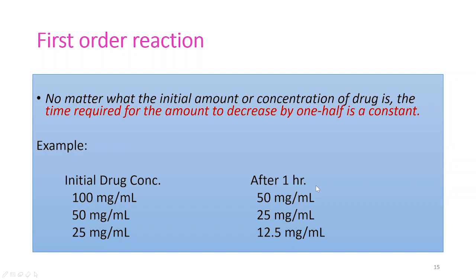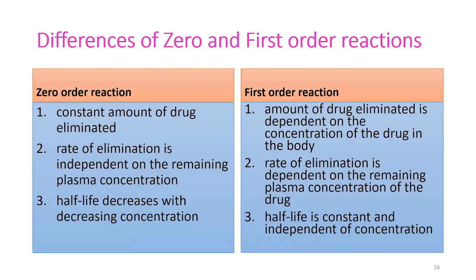Okay. Let us try to differentiate a zero-order reaction from a first-order reaction. In terms of the amount eliminated, in zero-order the amount of drug eliminated is constant. Whereas in first-order, the amount of drug eliminated is dependent on the concentration of the drug in the body. So, this would depend, as you have seen in the previous slides.